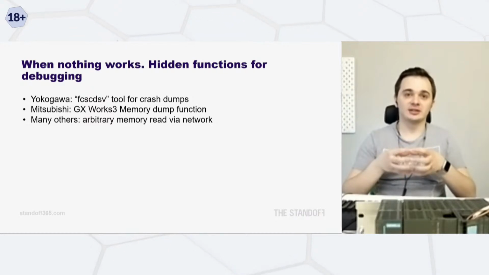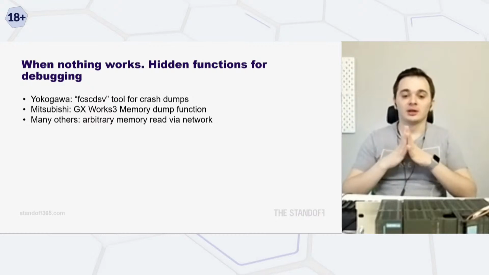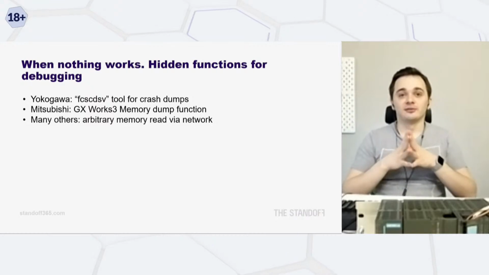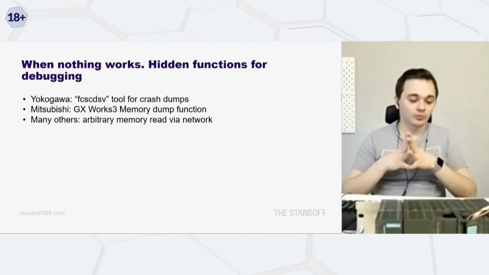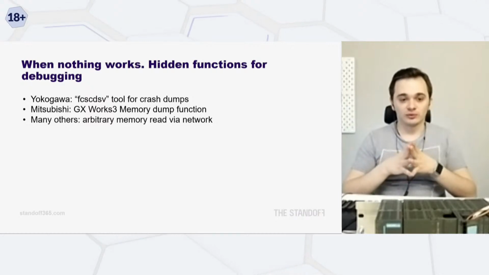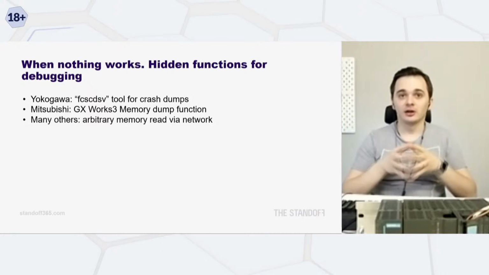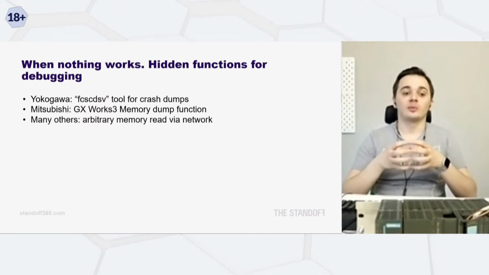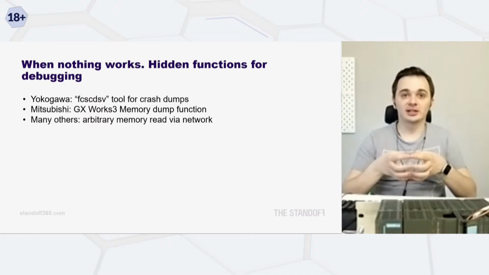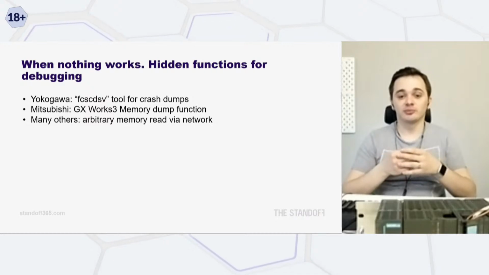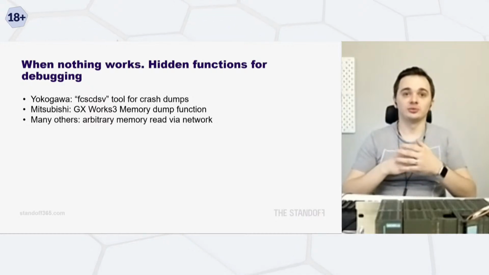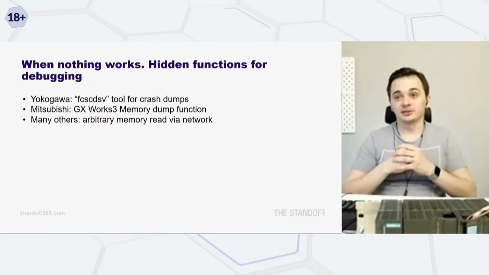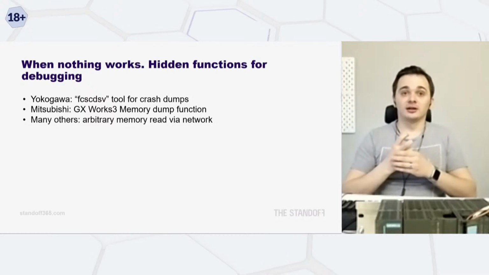One of them is reading and writing RAM over the network. If you manage to detect this function and use it, then you will be able again to read the firmware.